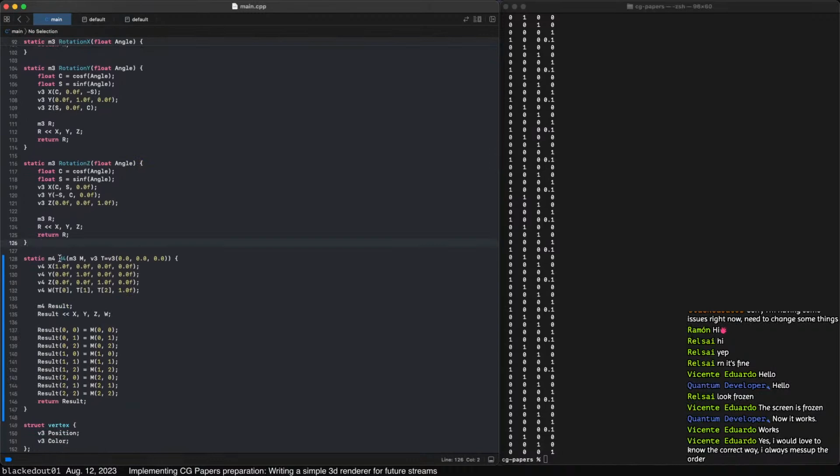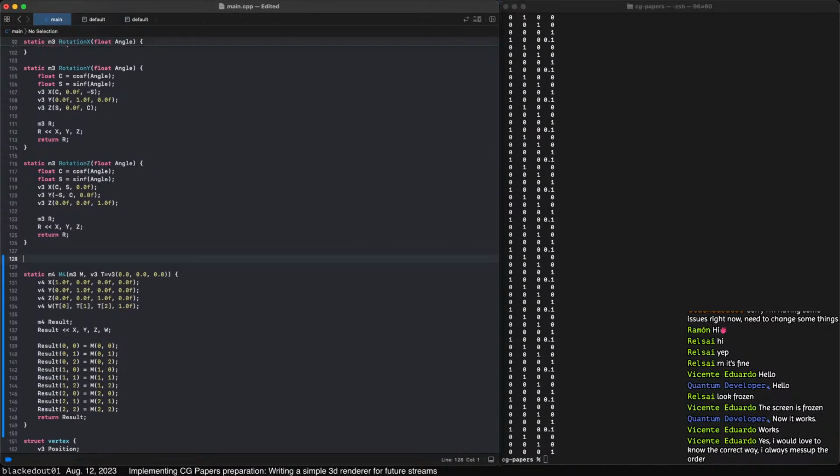Yeah. And additionally, I want to create a function that creates a 4x4 matrix that is just a translation matrix.